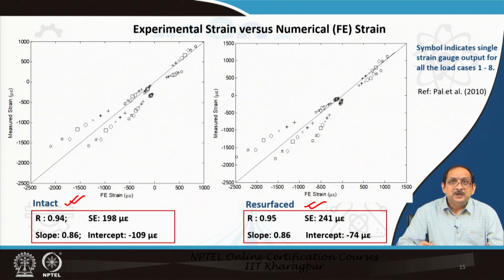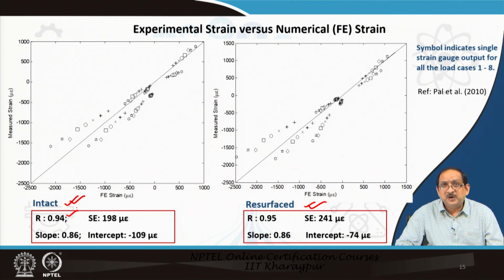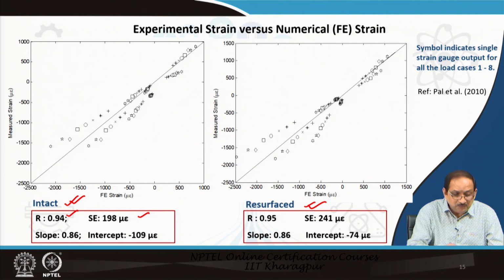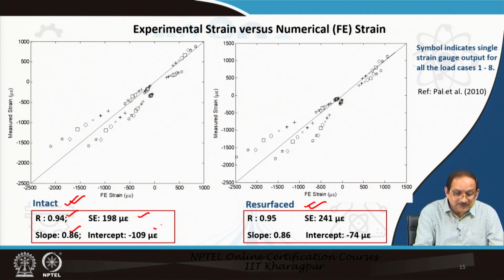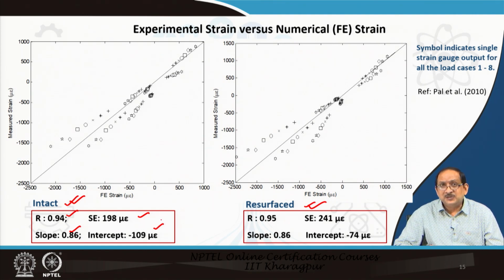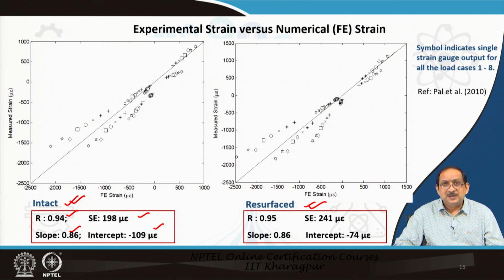Now, when we perform the regression analysis, we see the correlation coefficient of 0.94 and standard error of 198 microstrain. Slope is pretty much close to 1 and intercept is minus 109 microstrain, which is small compared to the range of strains that has been measured.